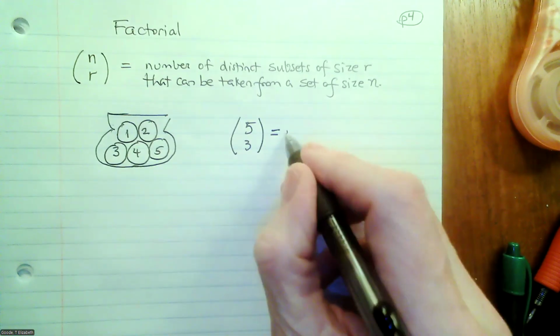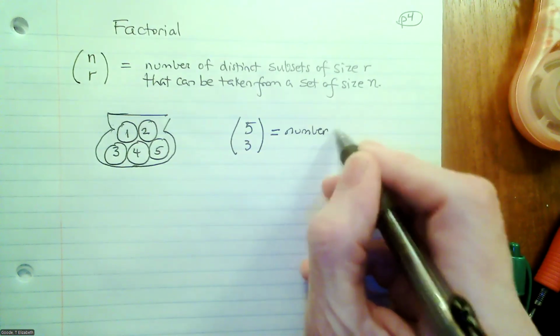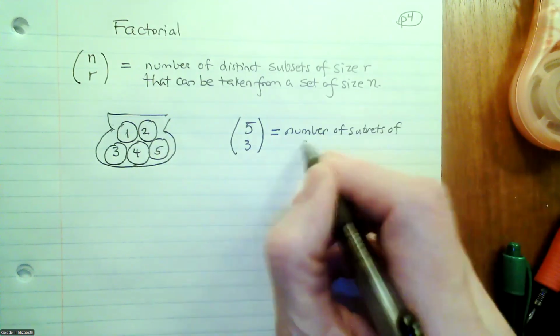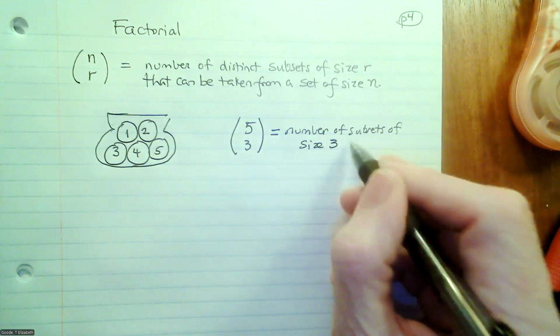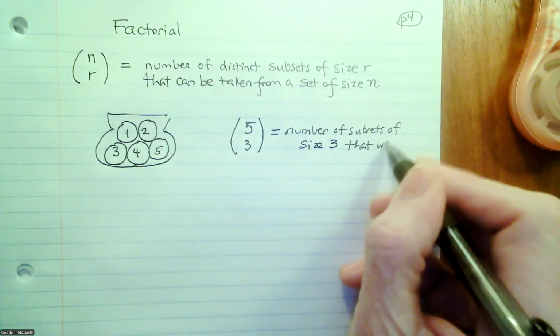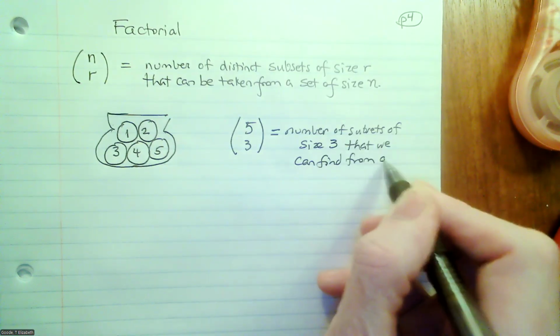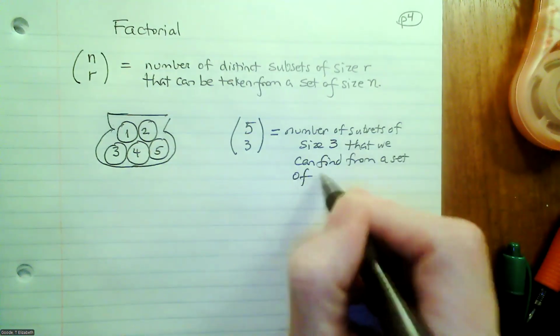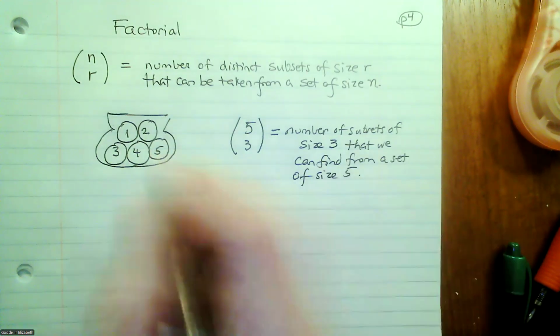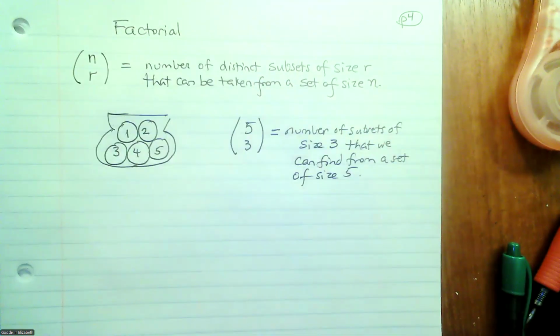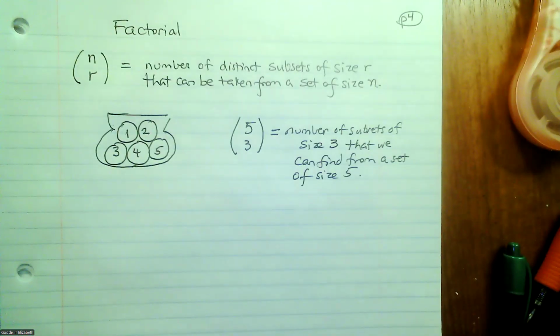Well, it would be the number of subsets of size 3 that we can find from a set of size 5. Just imagine we're going to reach into that urn and pull out 3 balls. And that's going to be a subset of size 3.